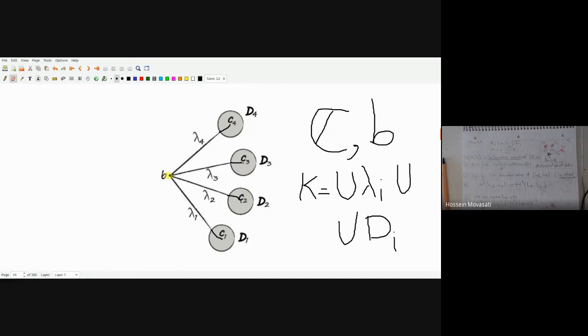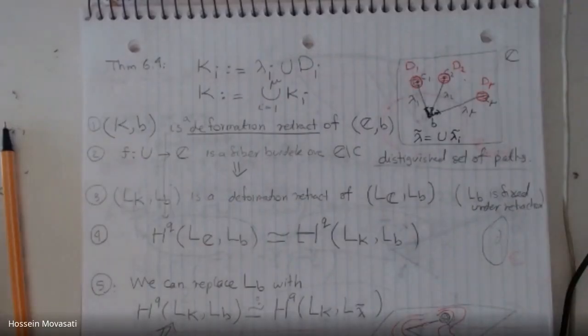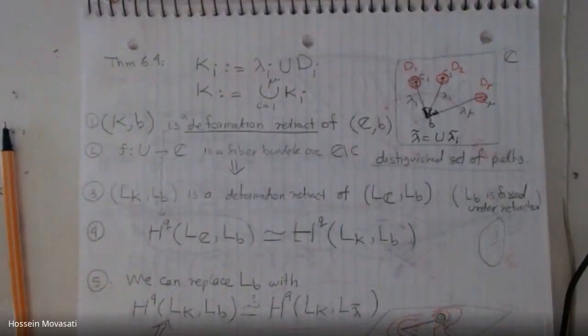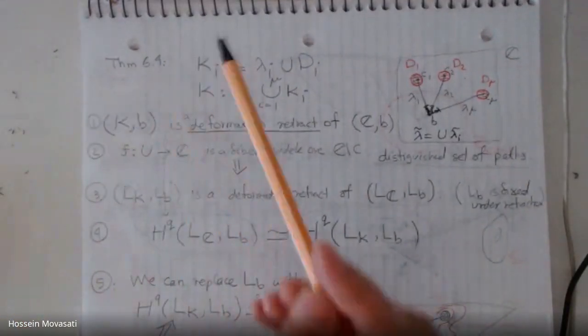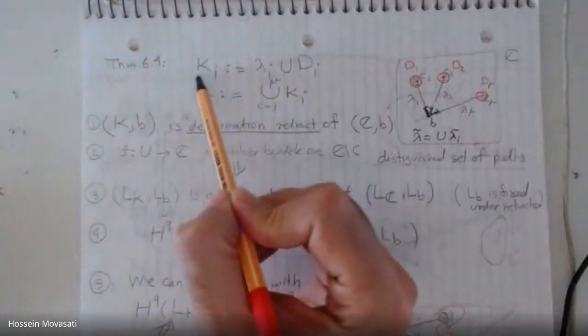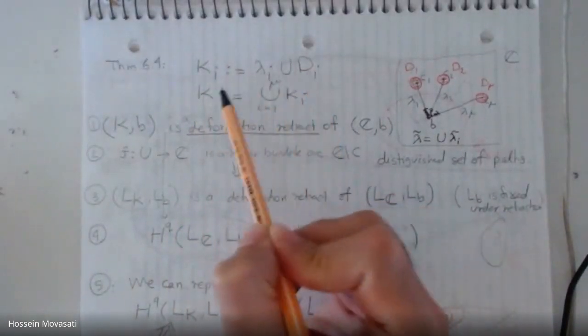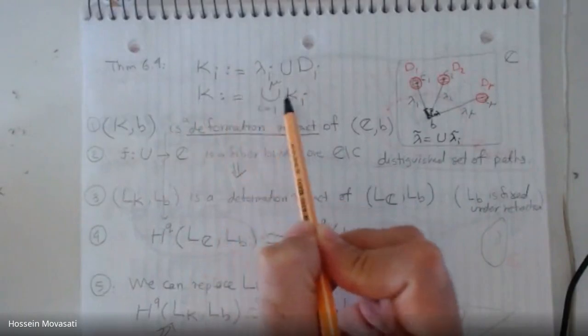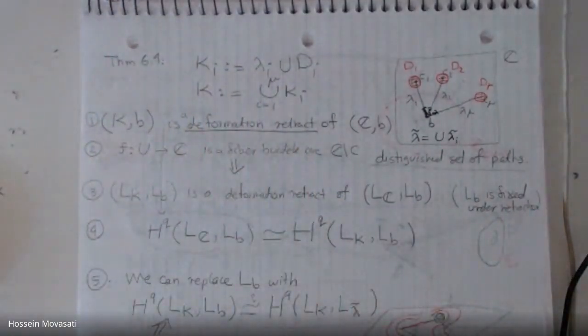Okay, so let's come back to the page. So as I said, let's take Ki equal to lambda i union with Di, and K the union of all these Ki's.